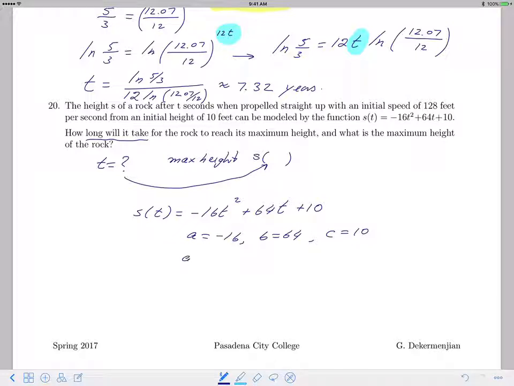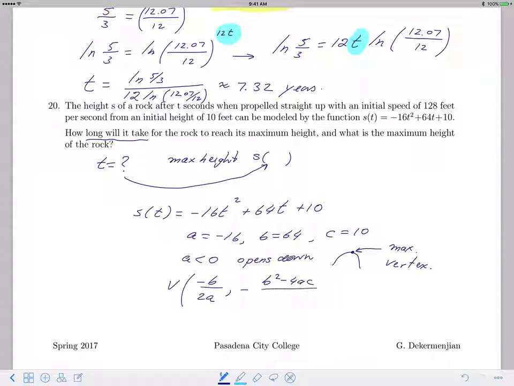We know that when a is negative, the parabola opens downwards, so it looks like this, and it does indeed have a maximum point, which is good because that's what they're asking us to find. And that maximum point is where the vertex is. And so that's really all we're asked to do. The vertex has coordinates negative b over 2a, minus the discriminant over 4a.